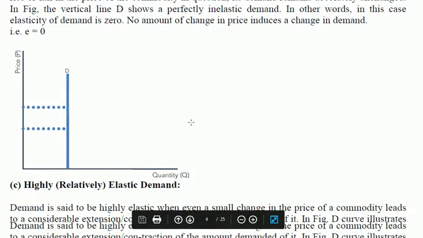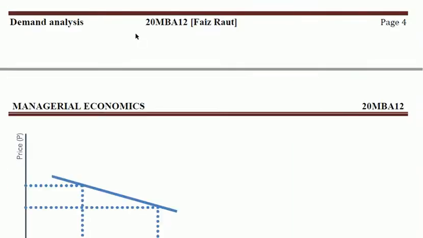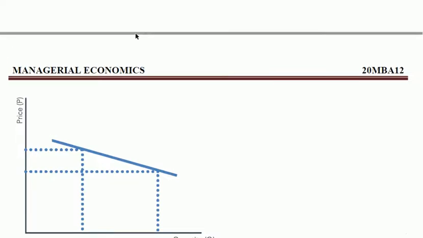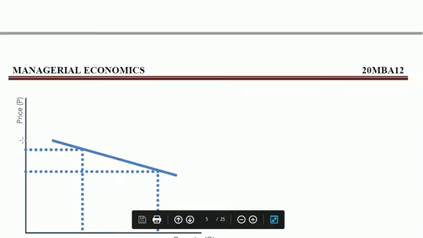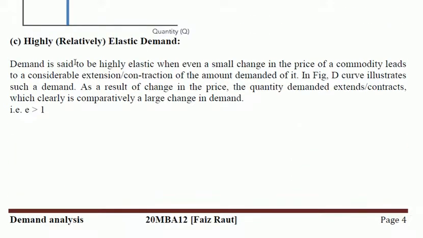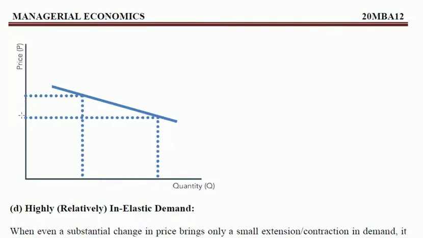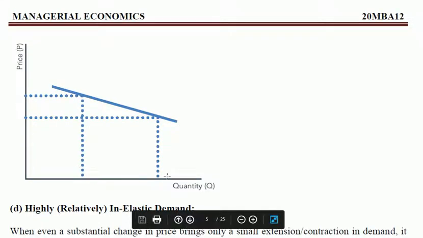Then the third one is highly elastic, or relatively elastic demand. It is a more practical case compared to perfectly elastic. In highly elastic demand, a small change in the price will cause a large change in the demand.